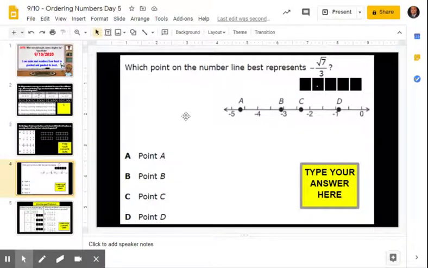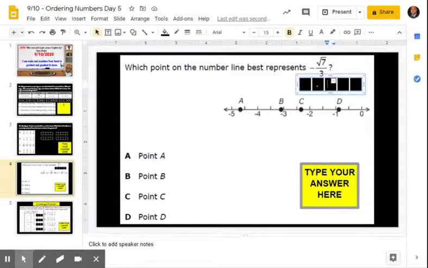Here on slide 4, it says which point on the number line best represents negative square root 7 over 3. I put a little place value box there for you to convert what that is. Now with this one, you're going to have to use parentheses. So I want to show you that on the Desmos calculator.